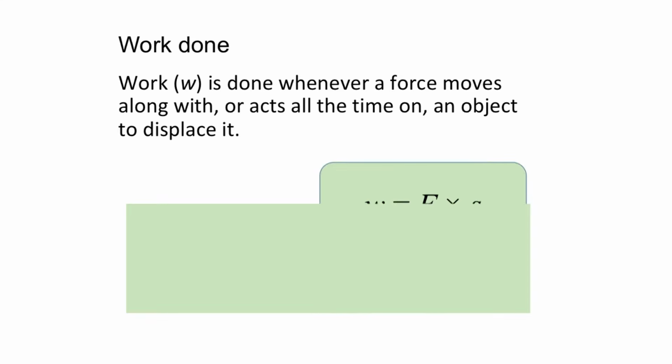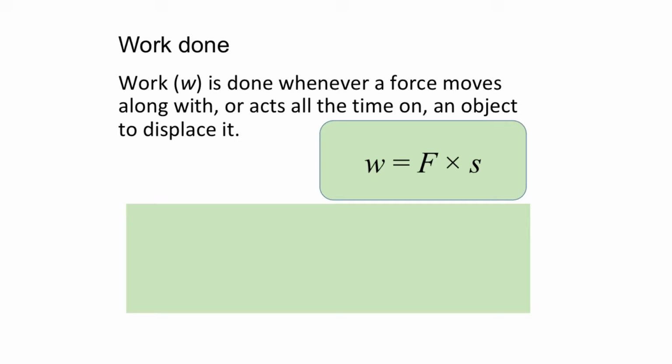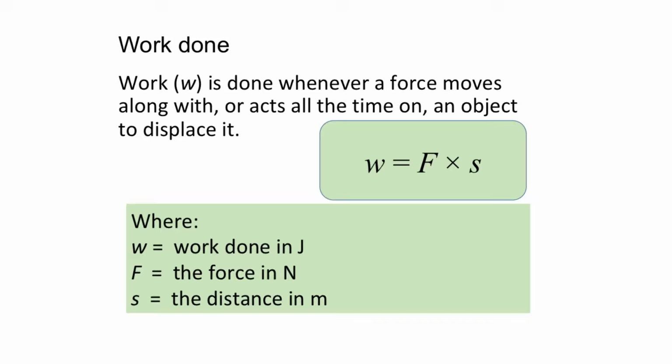That's what we mean by work done, which can be expressed as W = F × S, where W is the work done, measured in joules, F is the force, measured in newtons, and S is the distance, measured in meters.